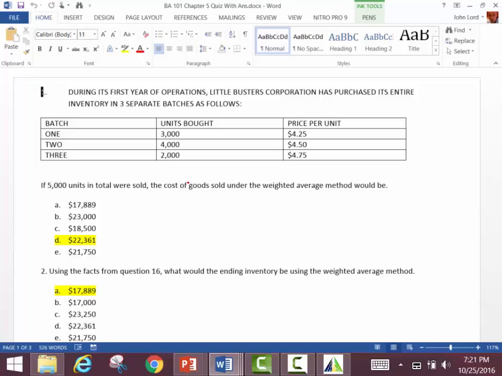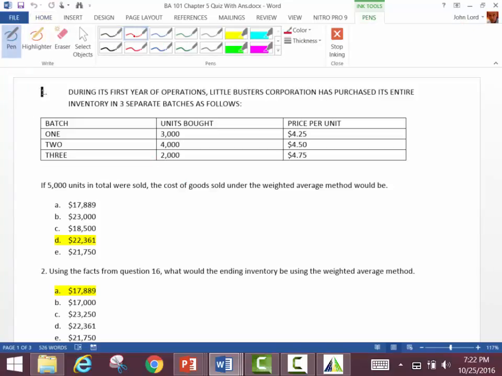Keep going. Oh, you got it? Okay. Okay, ready? Does this look familiar? So we have our first year of operations, and we purchase our entire inventory in what? 3 batches, 3, 4, and 2. What's the total?